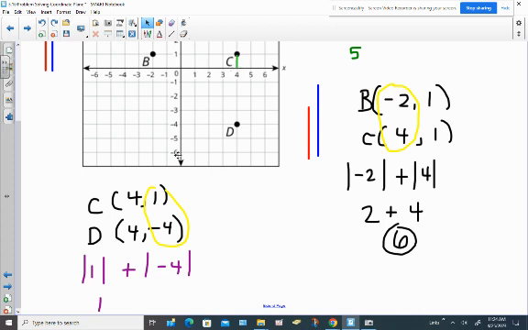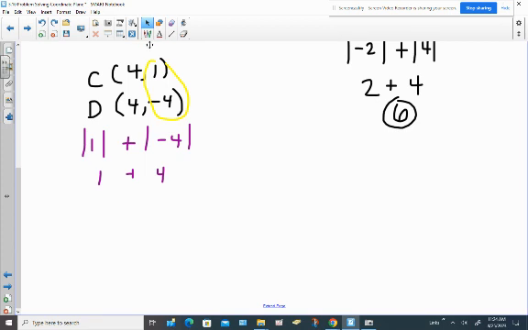Again, we're looking at the Y line. How far away is this from the line? That would be 4. When we simplify the absolute value of -4, the length of that red line is 4 units. If we add 1 plus 4, we get the total length, represented with this blue line, of 5 units. 5 units between points C and D.